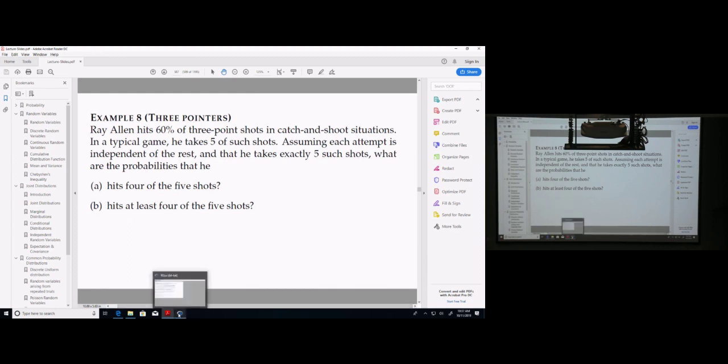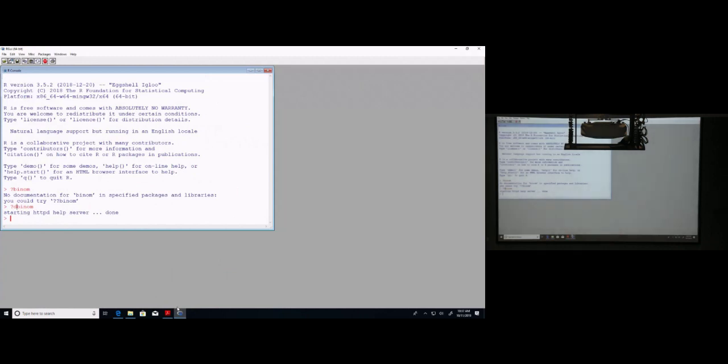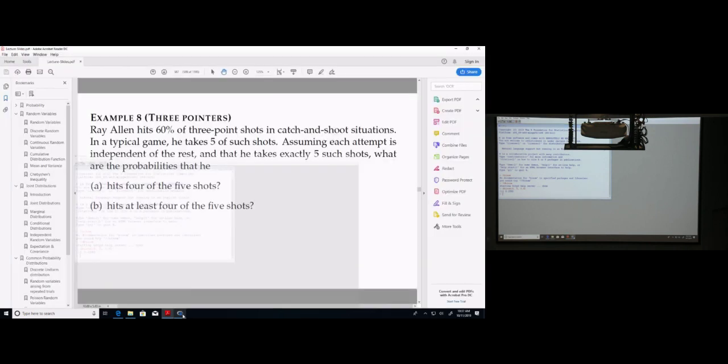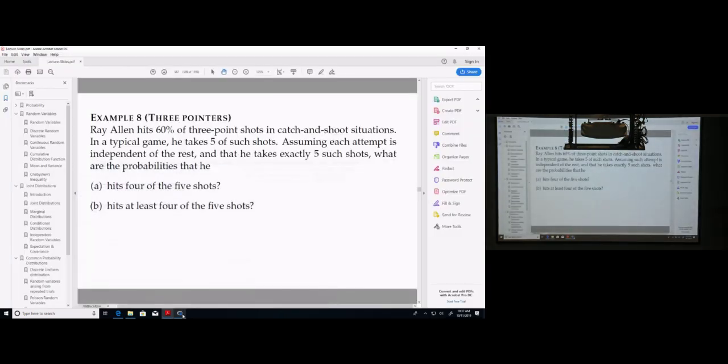Now let's try to do that. So 60%. And we want to calculate 4, and that he's trying it 5 times, and that the probability of success is 0.6. So it's about 26%. Okay, and he hits at least 4 of the 5 shots.